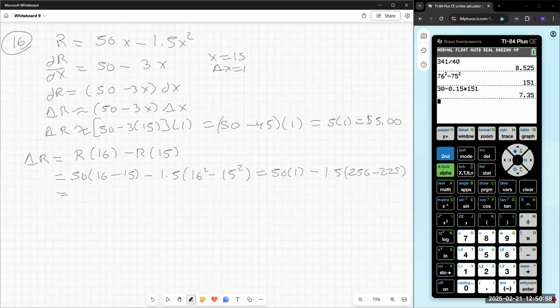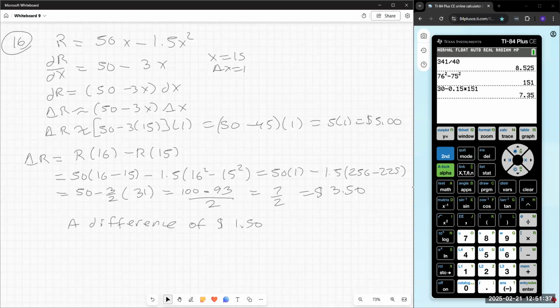So this is equal to 50 minus, and I'll call that 3/2 for myself, and then the difference here is 31. So this will be 50 minus 93 over 2, which is 3.50. Difference of $1.50.